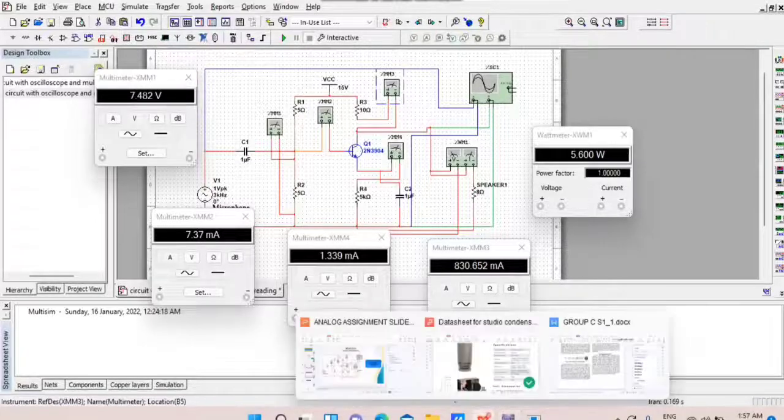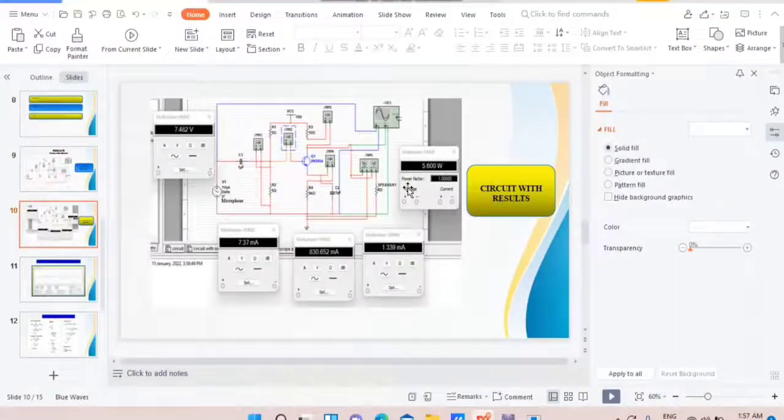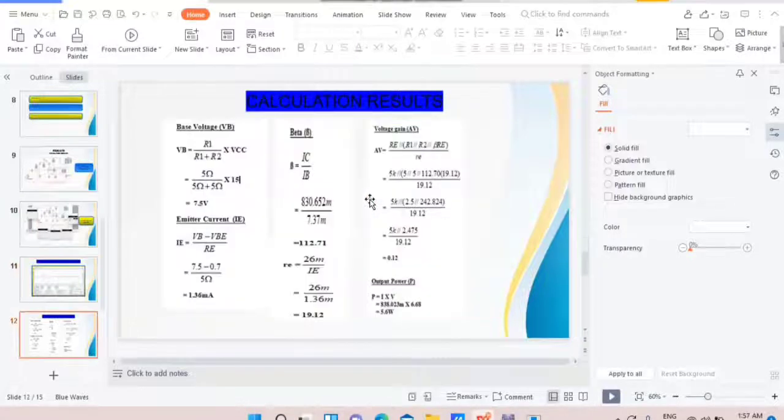Now we will discuss the calculation results. These are the results that we obtained from our calculation. For base voltage VB, we calculated using this formula and we get 7.5 volt. For emitter current, we get 1.36 milliampere.